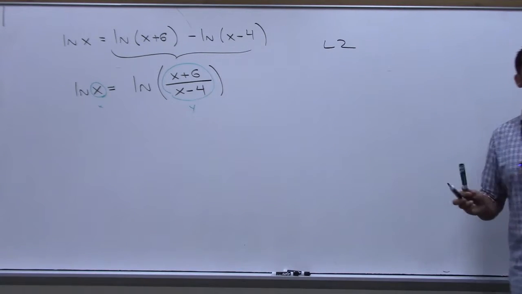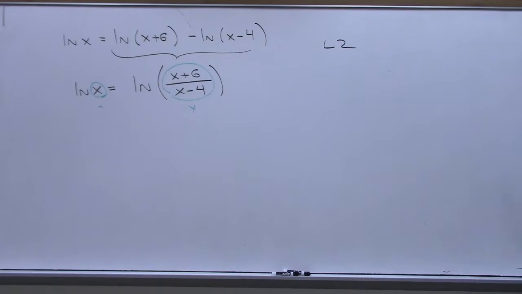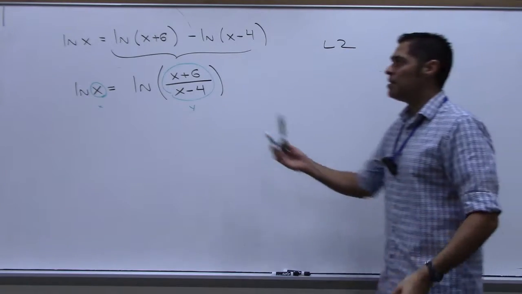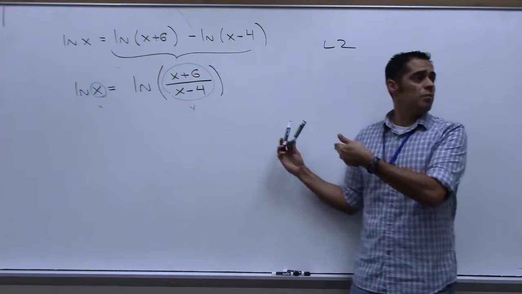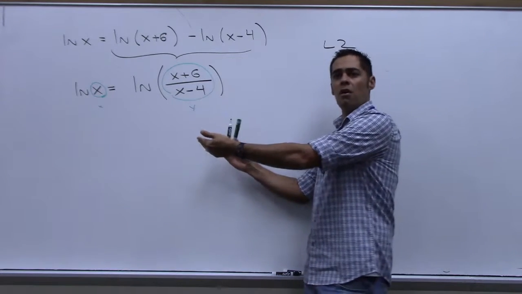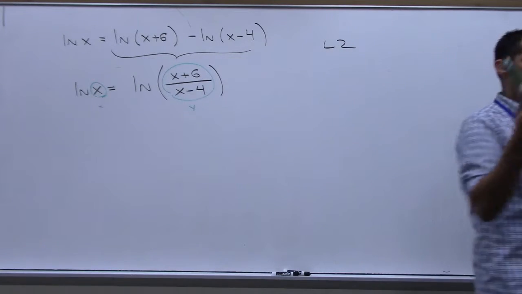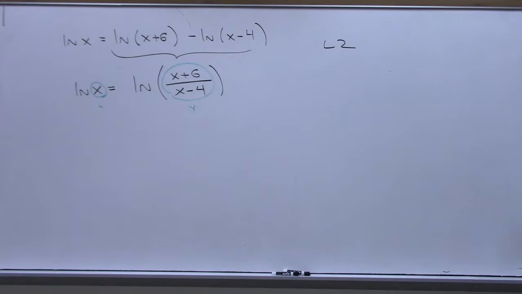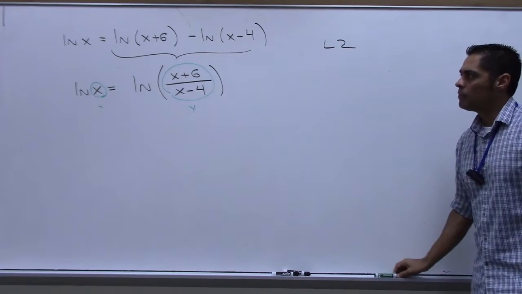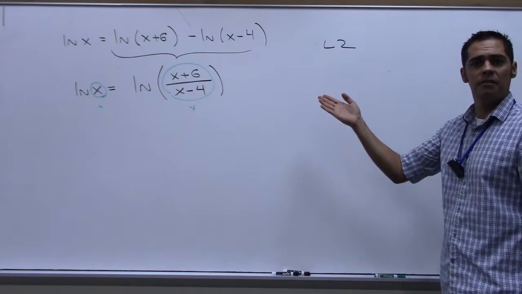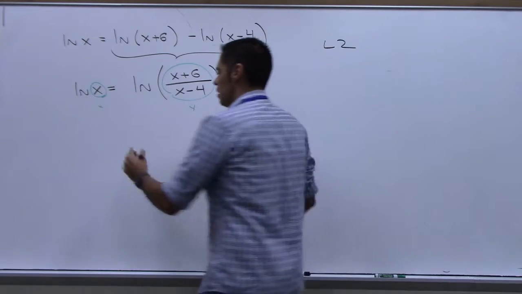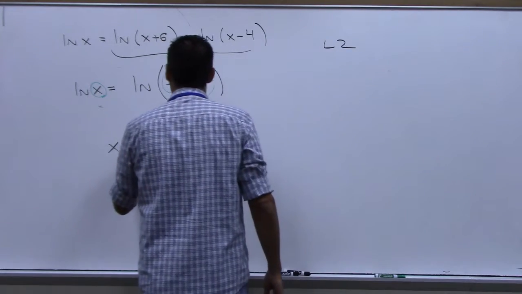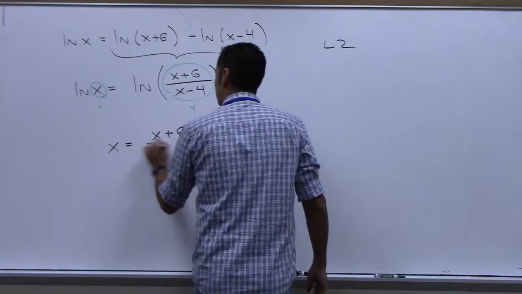You have logs on both sides, so you can do that. In the previous problem, the reason I used the loop is because one of the sides was 1 and the other side was a log, so I can't use this property unless the log appears on both sides. Understand? So I just set x equal to the other side, x equal to this. So this becomes x equals x plus 6 over x minus 4.